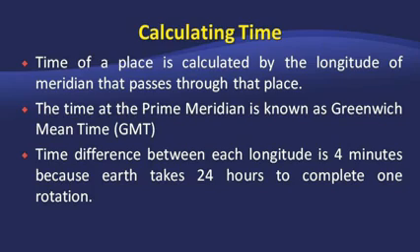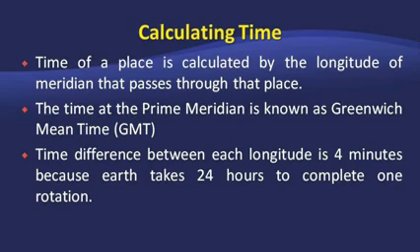You must have seen time written like this: 23:00 hours GMT, 13:00 hours GMT, and so on. This means we are talking about Greenwich time. Just like Indian time is written as IST, means Indian Standard Time, like 23:00 IST, 12:00 IST, and so on.